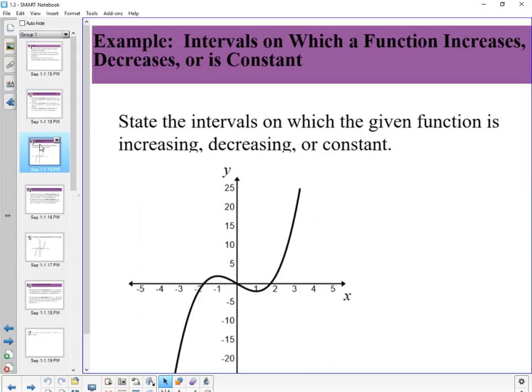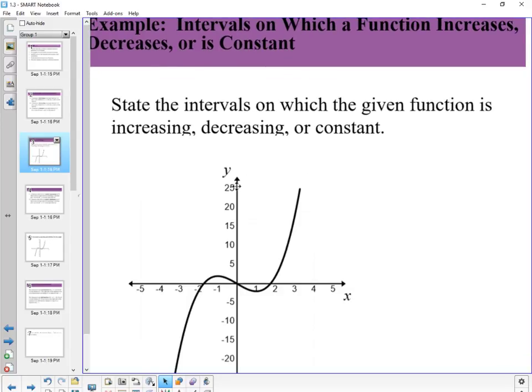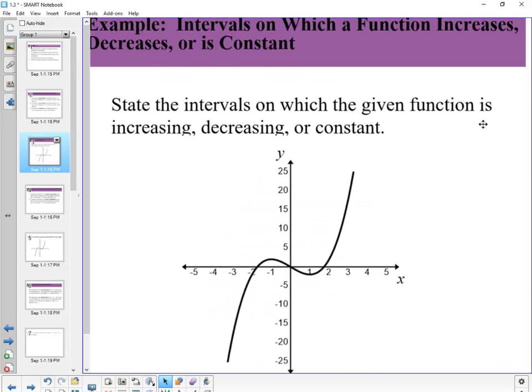All right, here we go. Here's a picture, and we need to identify where it's increasing, where it's decreasing. Obviously, we can all see that it's going up from here all the way to here, correct? So we would say it's increasing. Is that cool with you guys? And we're increasing from negative infinity all the way to where? Negative 1.